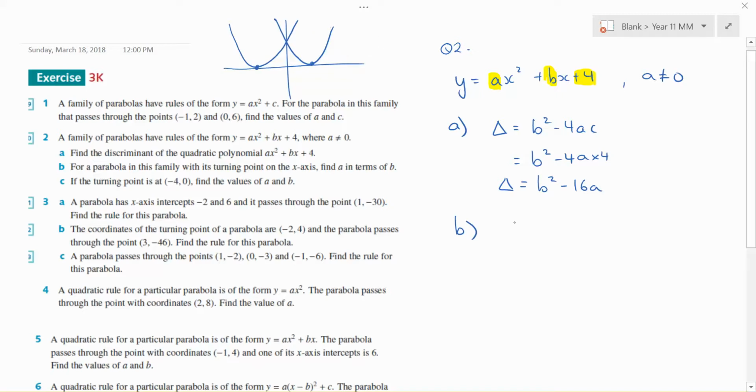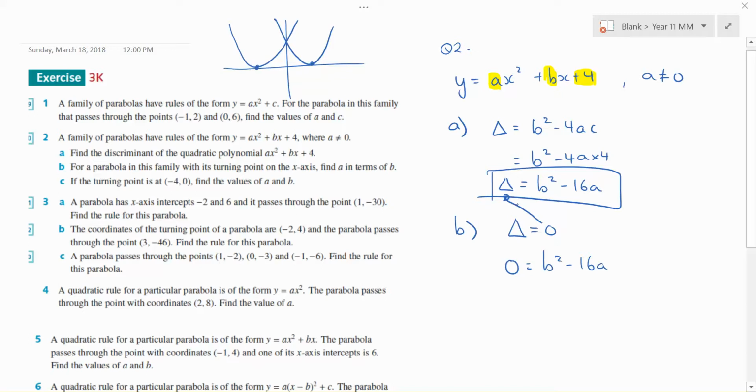The only way to have one x-intercept is if the discriminant equals 0, remember from Exercise 3I. So if the discriminant is equal to 0, then you have b squared minus 16a equals 0, because that's your discriminant equation, true? And that's my 0 there.